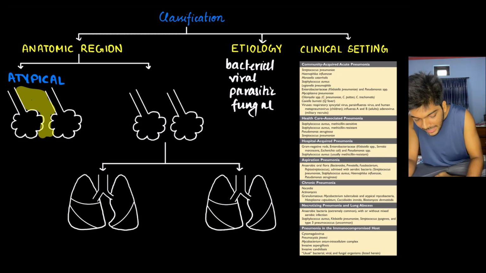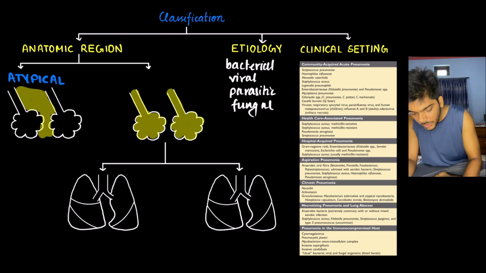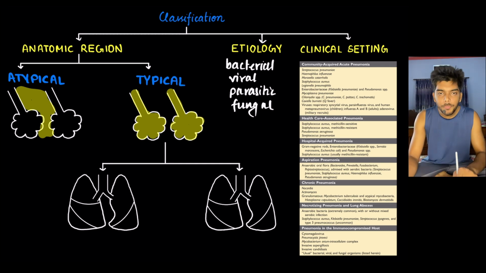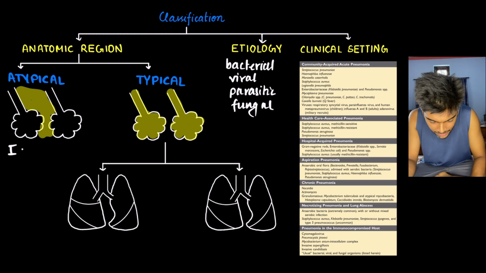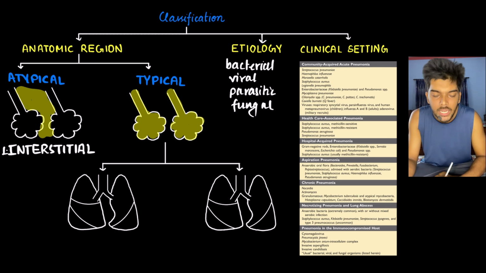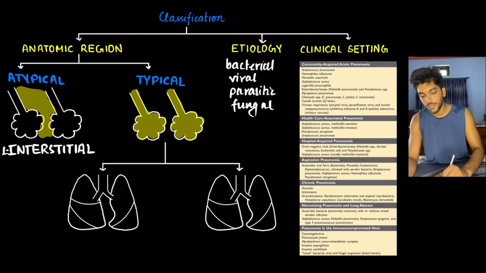But if it is the intra-alveolar space that gets filled up with exudate, then this is typical pneumonia. In atypical pneumonia, since it is the interstitial space that gets consolidated by exudate, it is also referred to as interstitial pneumonia. So this is the first type of pneumonia on the basis of anatomic region.